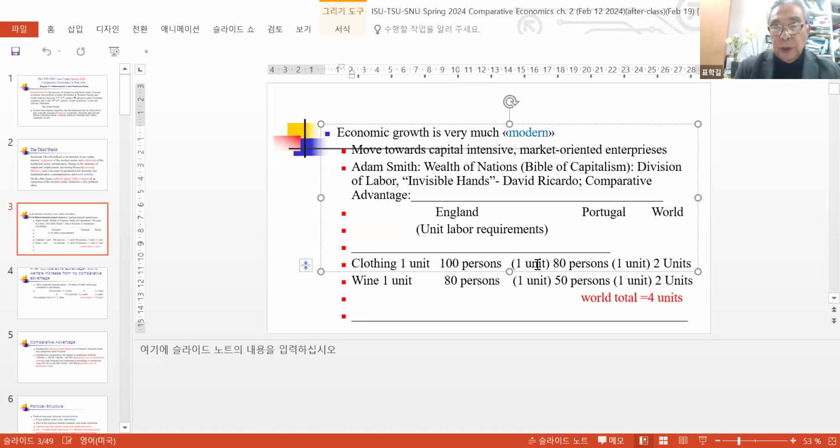Instead of 1 unit, suppose 100 units were produced by 80 persons. Then per person, 100 divided by 80. So 1.25 units Portugal is producing per person.